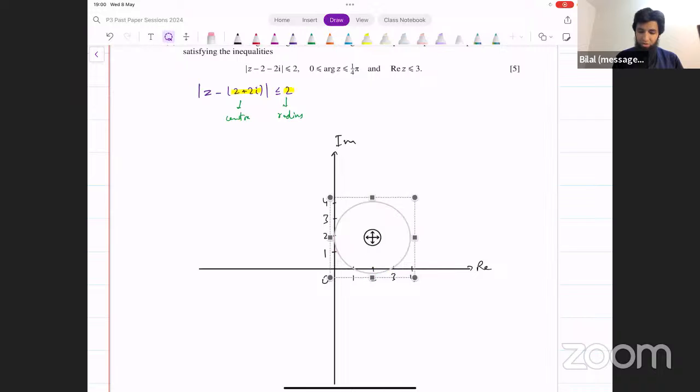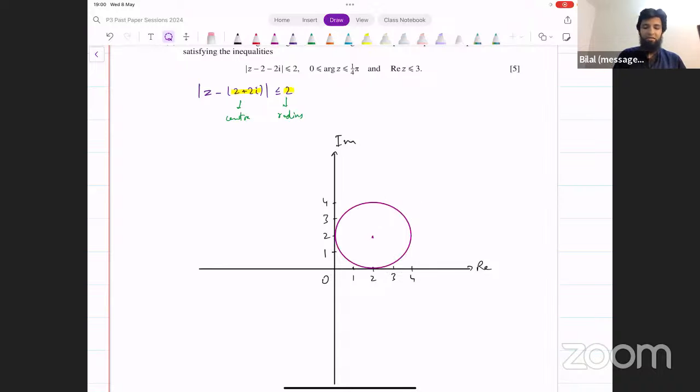It should not be crossing those axes. That is important. It should just touch the x-axis and also just touch the y-axis at the point 2. Above, it should go up to 4 maximum, and on the right side as well, it should go up to 4 maximum. That's the circle.